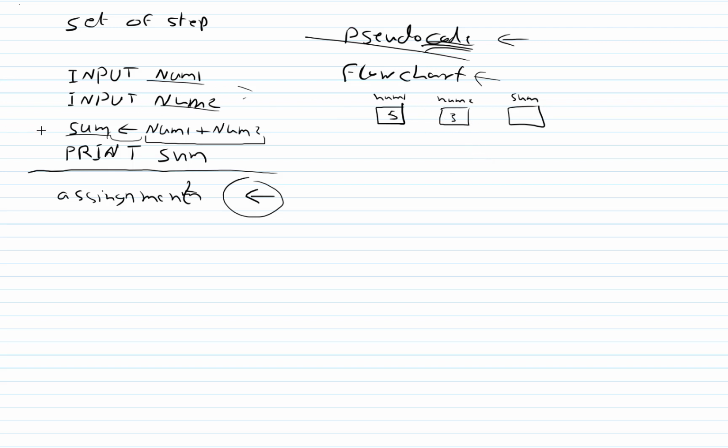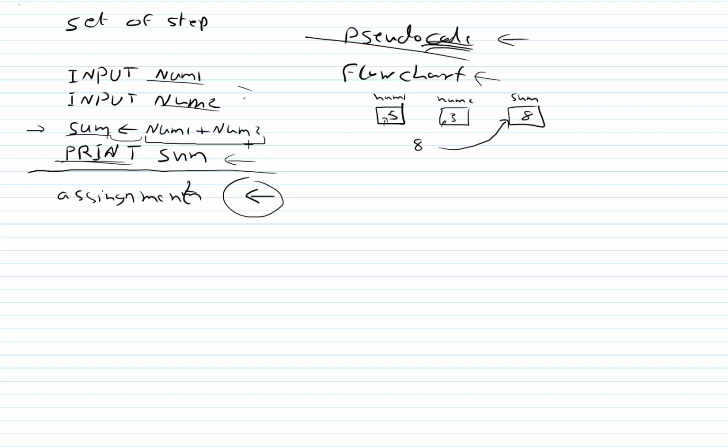Then when this step is executed, we have num1 plus num2: the content of num1, which is 5, plus the content of num2, which is 3, will be 8. So the value will be calculated as 8, then assigned to sum. So sum will contain the value 8. Then the print will print sum as output. And this is the basis of every computer program.